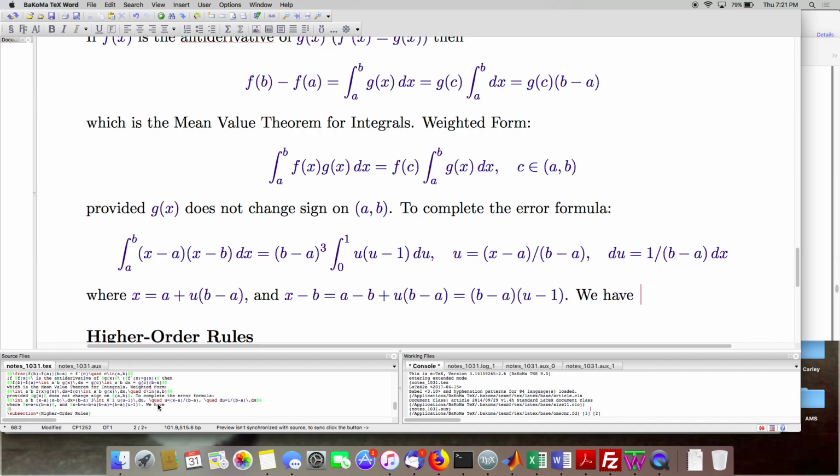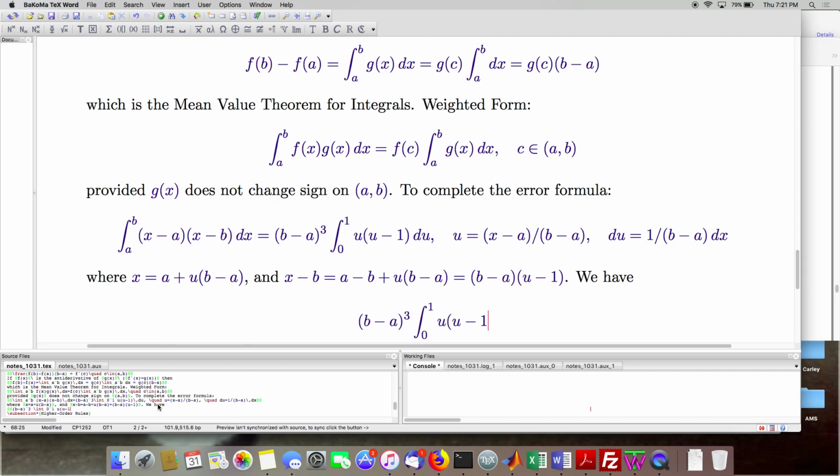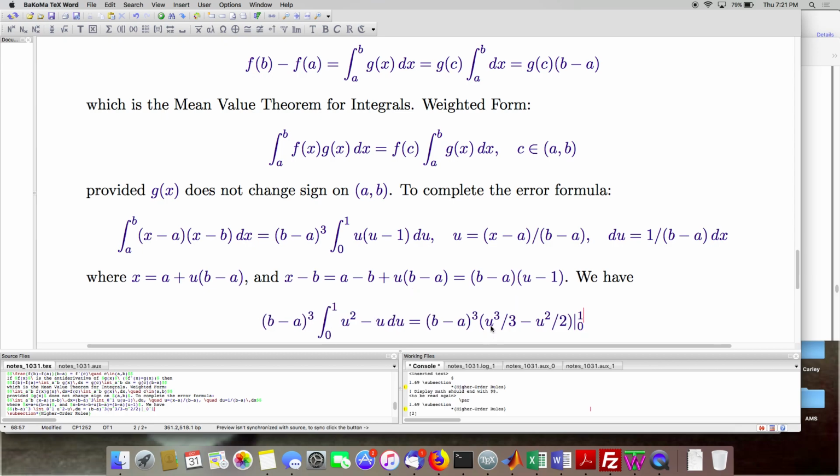So b minus a cubed, integral 0 to 1, of u squared minus u. So that's going to be u cubed over 3 minus u squared over 2, and I plug in the limits 0 and 1.